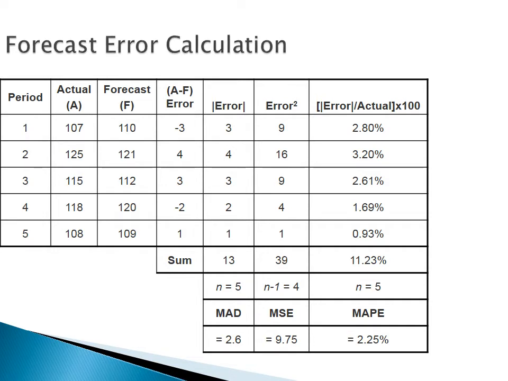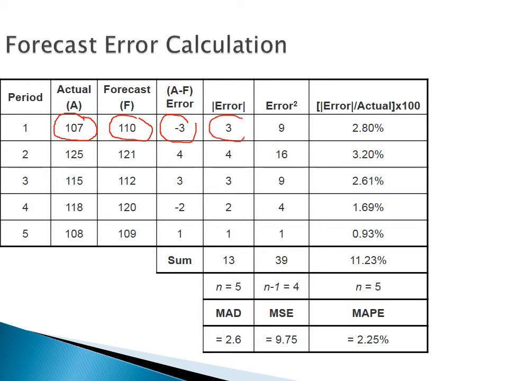Now in this problem, if we take the first row, we have the actual value as 107, the forecast as 110, and the error, which is actual minus forecast, is -3. We take the modulus, or absolute value, of that error, which is 3.